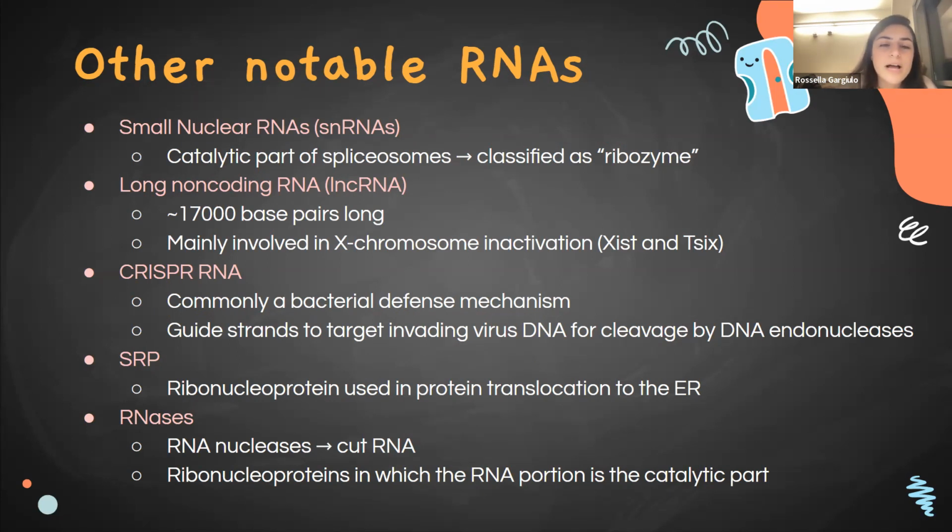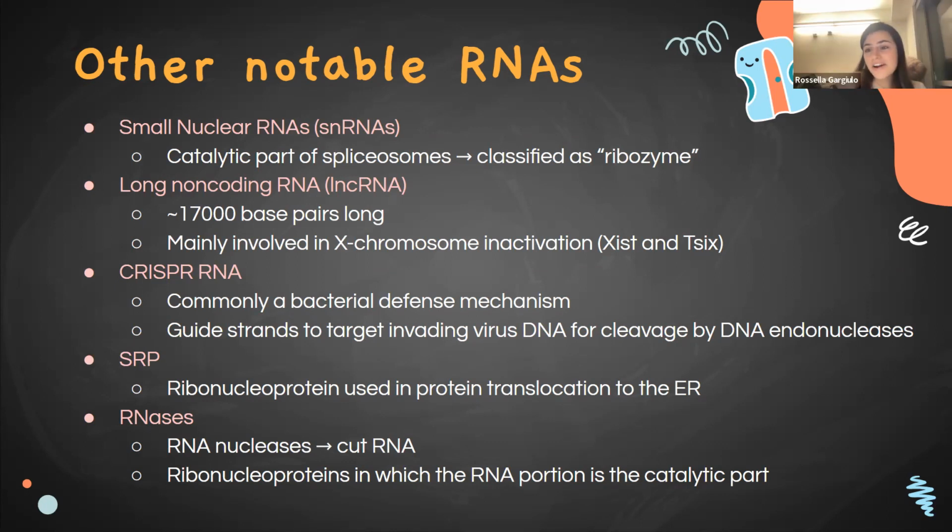It's actually really cool. These long non-coding RNAs basically wrap around the X chromosome in order to inactivate it, which is pretty cool. I'm doing a cancer project right now, and they're actually looking at long non-coding RNAs as treatments for certain cancers, which is also super cool. That's awesome. So people go into long non-coding RNA.